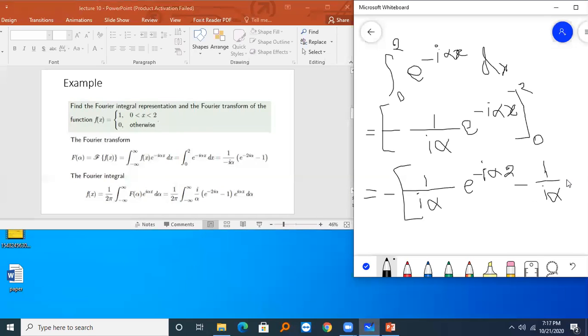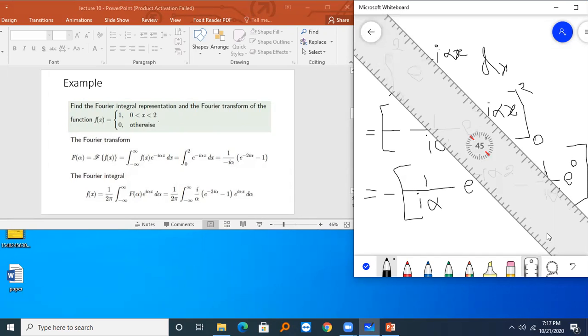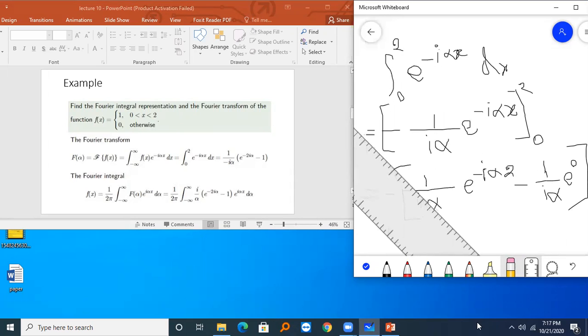Any value multiplied by 0 will be 0, so we'll write 0 here. So we can replace this e to the power 0 by 1.